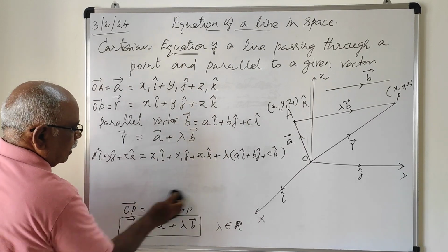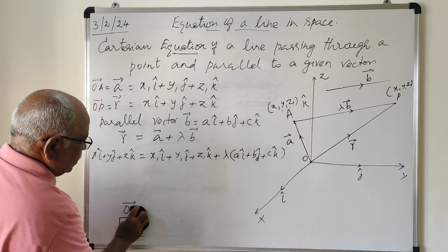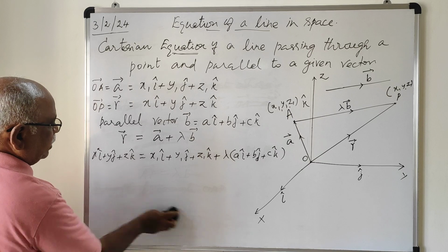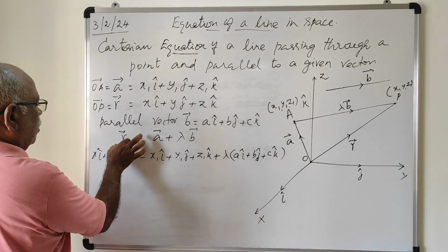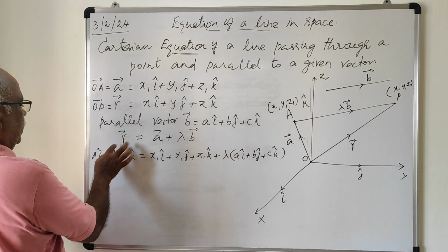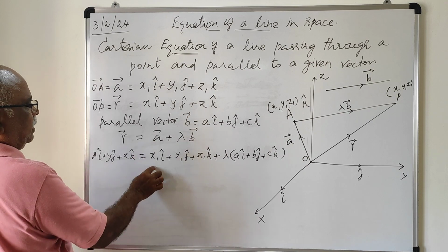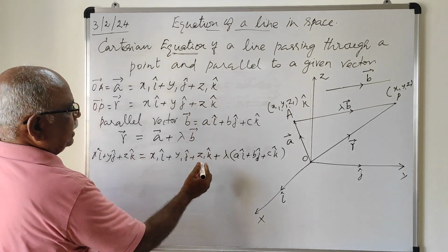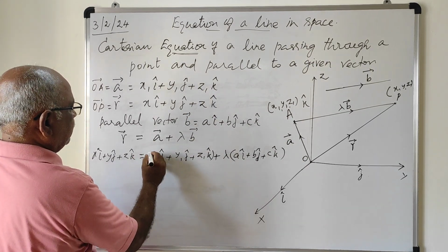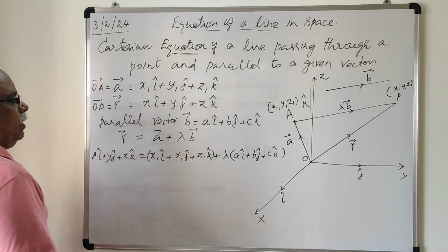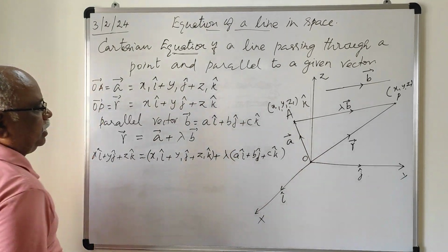Now, after rewriting this vector equation, for the r vector we substitute xi plus yj plus zk, for the a vector x1i plus y1j plus z1k, plus lambda times the b vector.